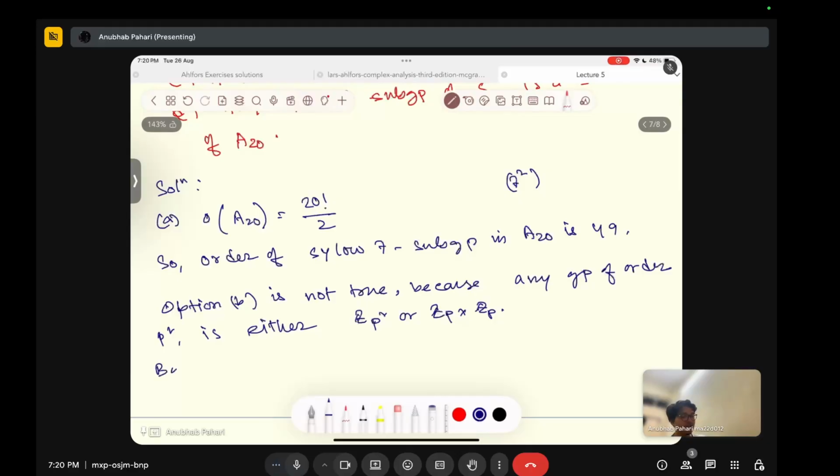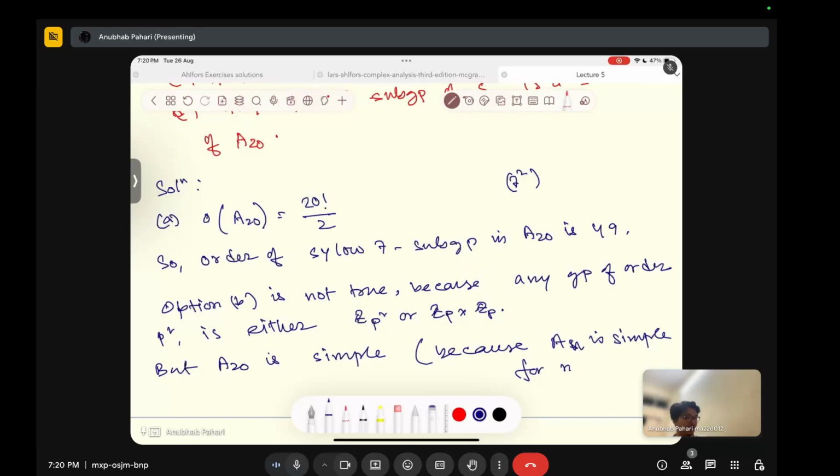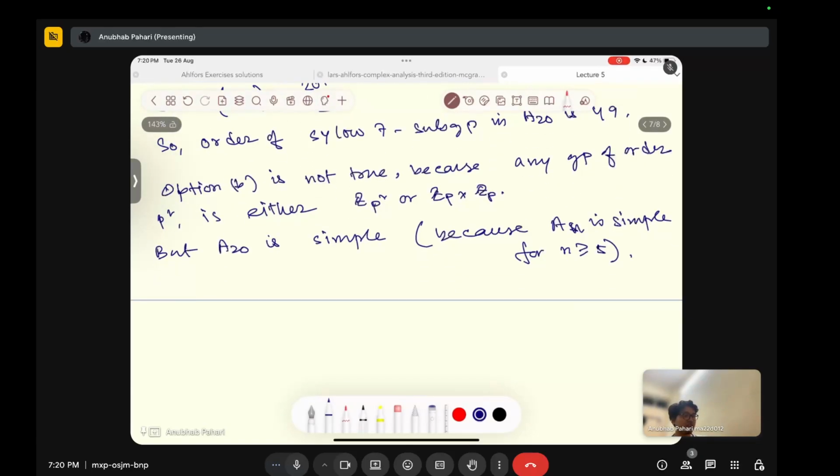But A20 is simple, right? Yes, sir, because A_n is simple for n greater than or equal to 5. So then C is also wrong.